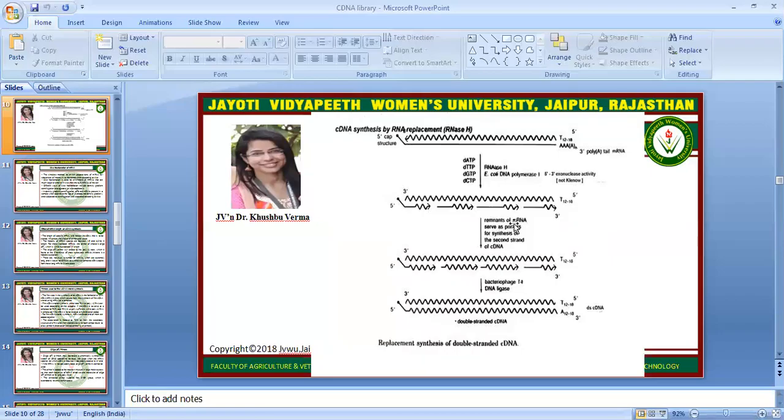DNA polymerase I in E. coli and/or Klenow enzymes can help in the synthesis of the second strand of cDNA. Small fragments are generated, and then DNA ligase will attach these fragments and make the continuous strand, and this synthesis is in the direction of 5' to 3'. So this is how double-stranded cDNA is synthesized.